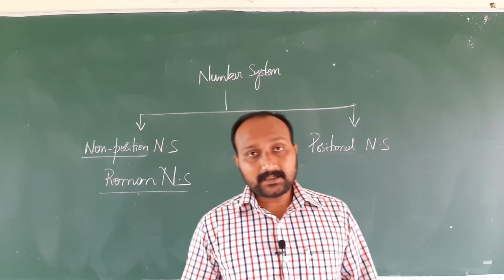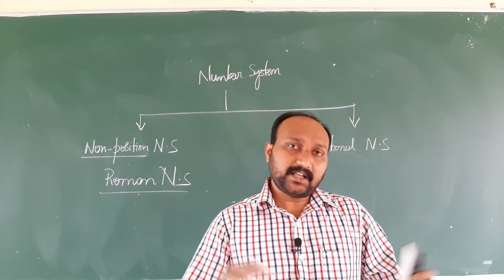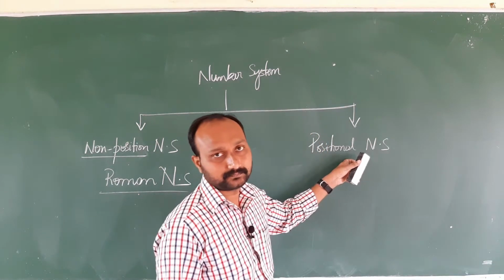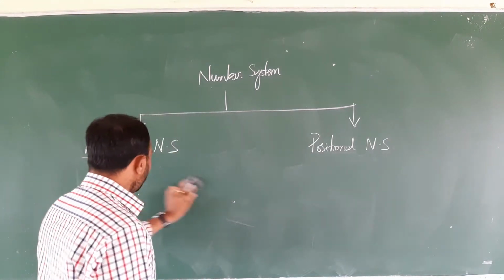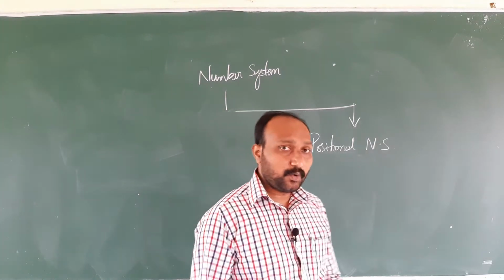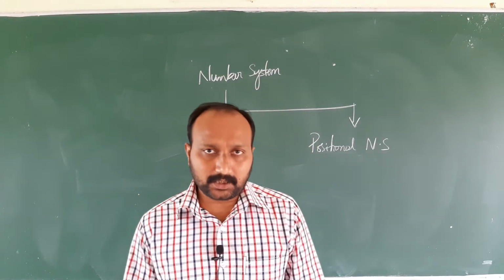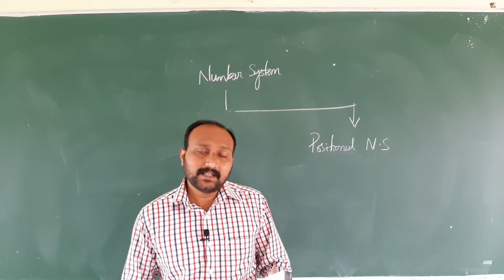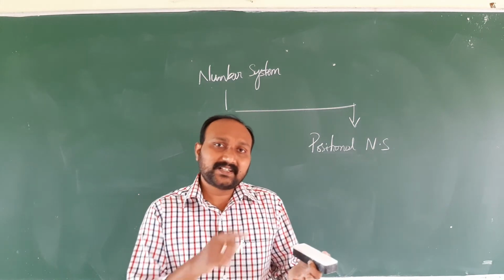So then the best way to represent such big numbers is using positional number system. So then what is positional number system? Nothing but a number system in which the value of a number, or the effective value of a number, depends upon the position of the digits.